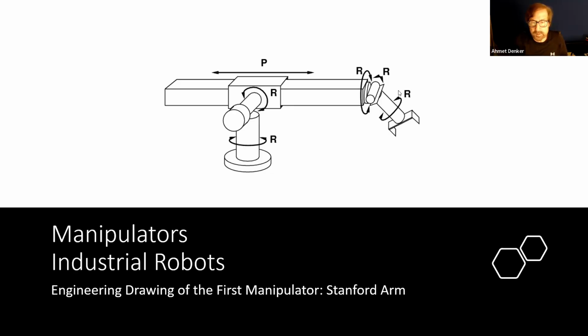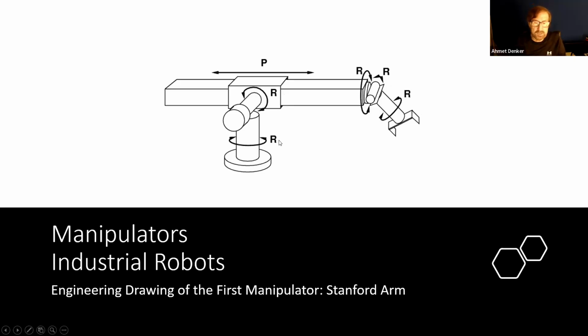So the part at the end, you can see here, you can understand that this is a wrist and hand. Altogether, we have got 6 joints.